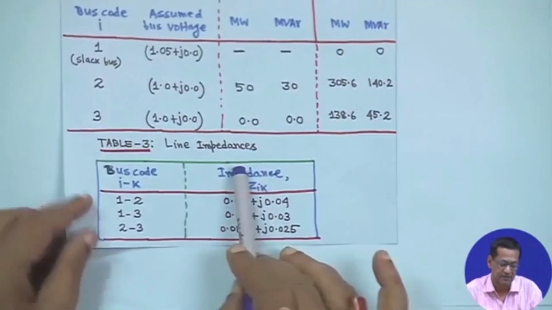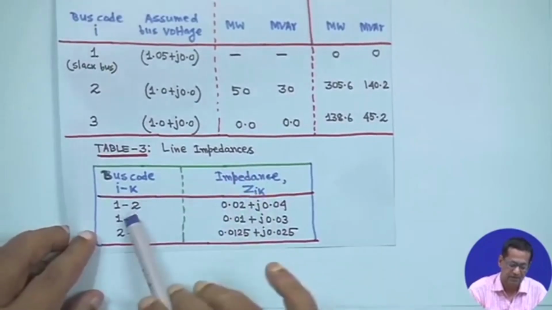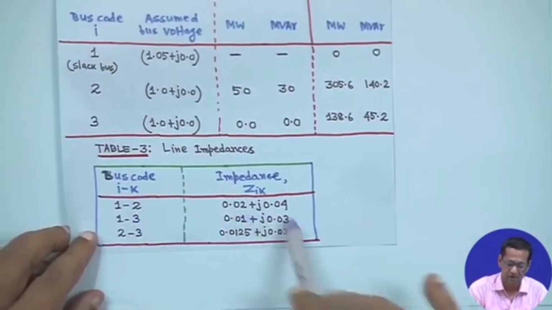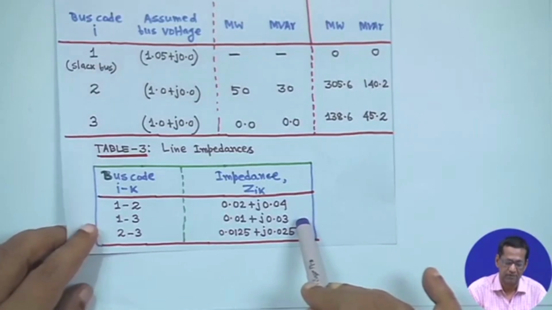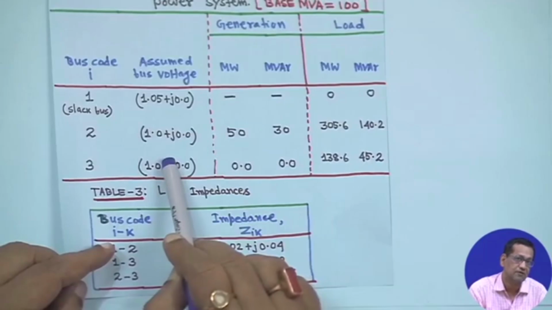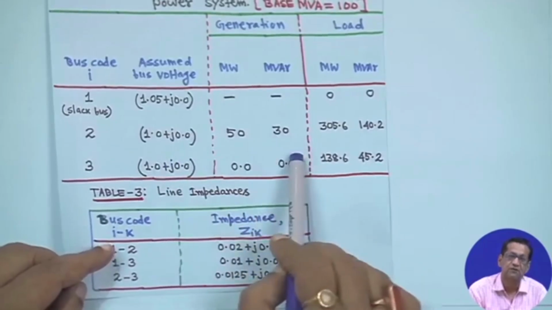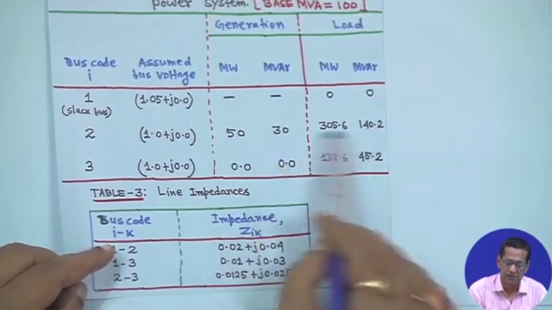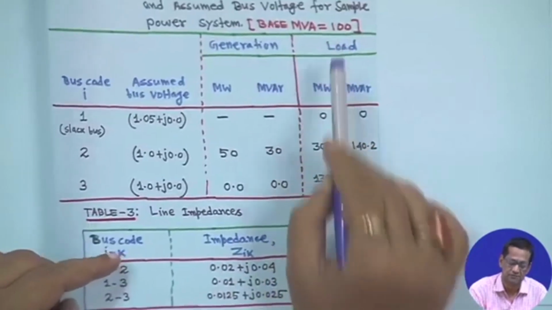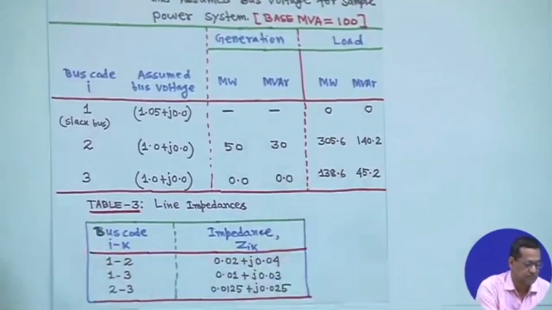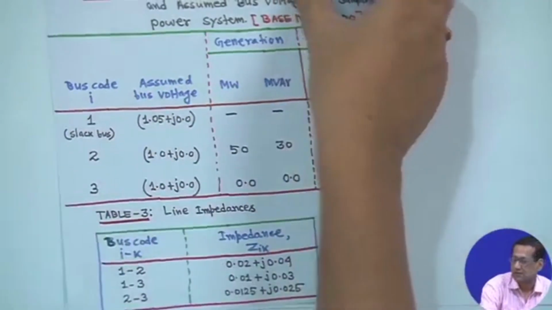Line impedances are also given, for lines 1 to 2, 1 to 3 and 2 to 3, all in per unit values. The voltages are also in per unit values, but the powers are given in real units, megawatt and megavar. So, you have to divide all of these by 100, because the base is 100, such that they can be transformed into per unit. Next, how we will go for the step by step calculation.